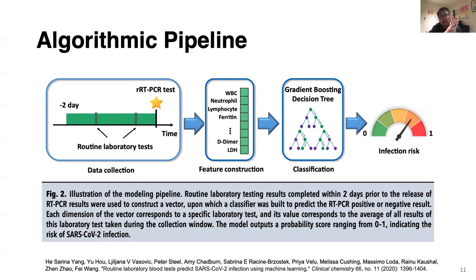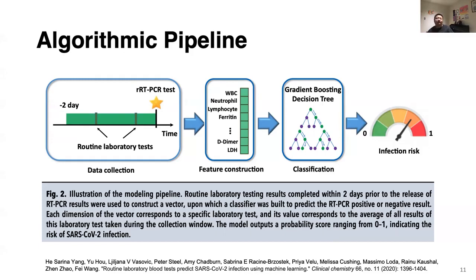And there are two goals for this research. Number one is, as we said, we hope a routine blood test can serve as additional markers that can tell us more robustly the actual SARS-CoV-2 infection status of the patient.